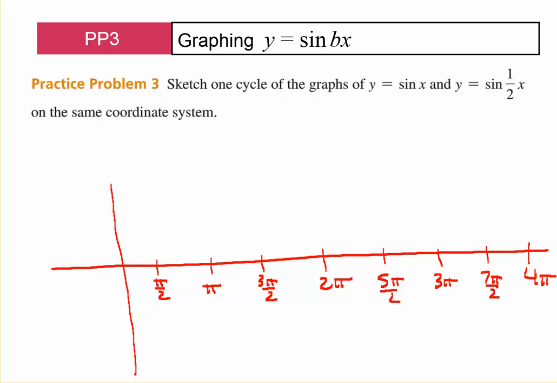All right, can you guys sketch for me y is equal to sine of x? Can you sketch for me the regular basic sine function? All right, basic sine function. Again, starts off at 0, goes up to 1 by the time it gets to pi over 2, goes back down to 0, goes down to -1, back up.